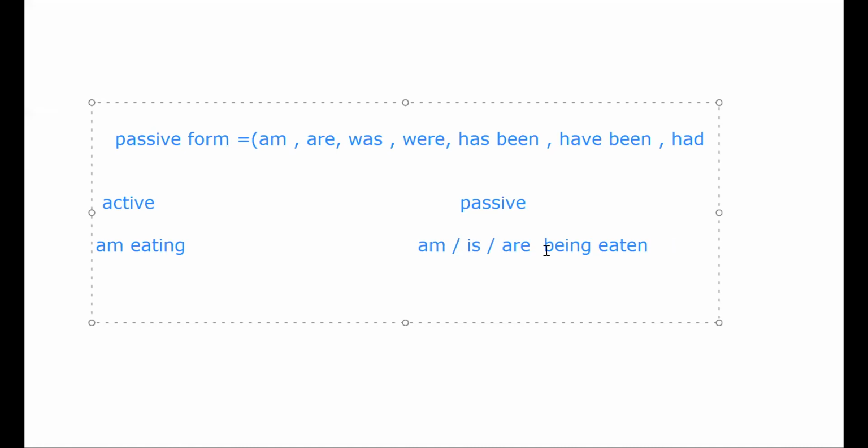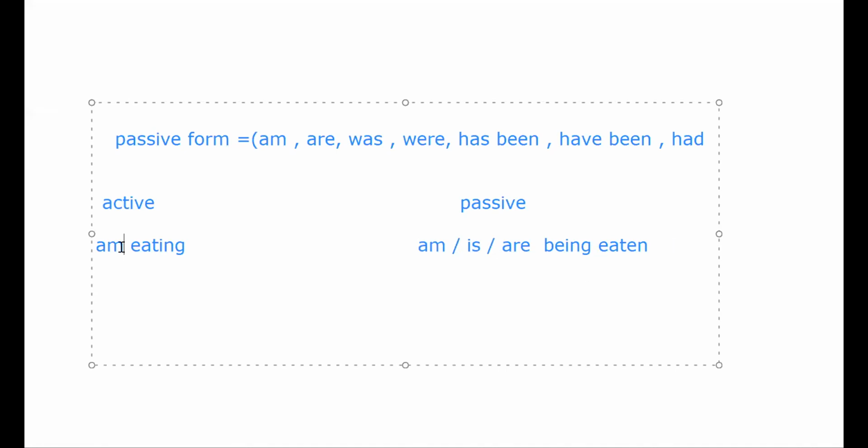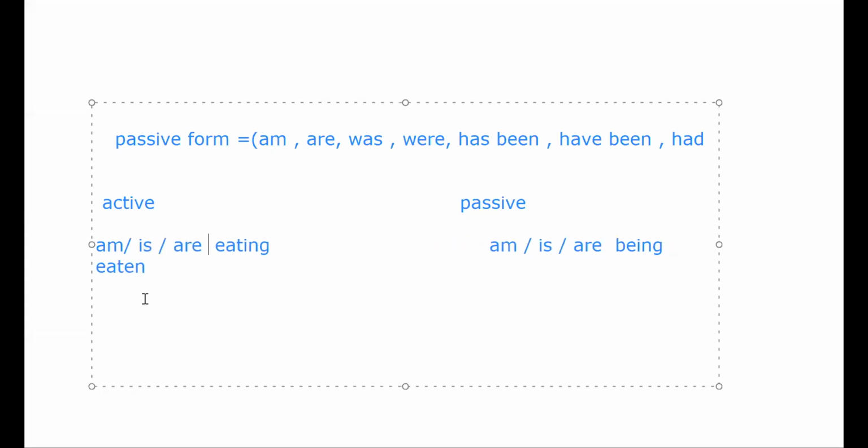Am, is, are being eaten. Depends on the subject I choose. So being eaten, it could be am, is, or are. When the subject changes, I'll also change this one. Now, if it is was eating, same.